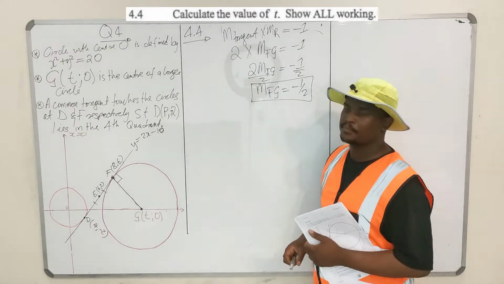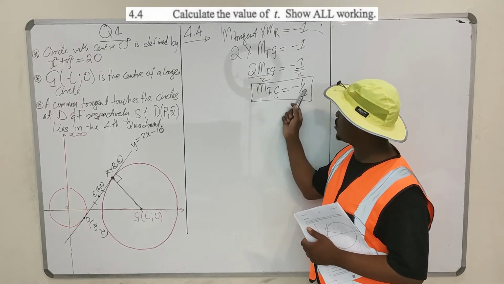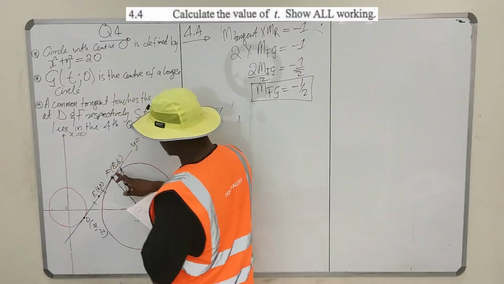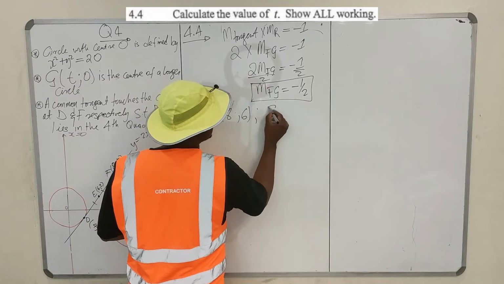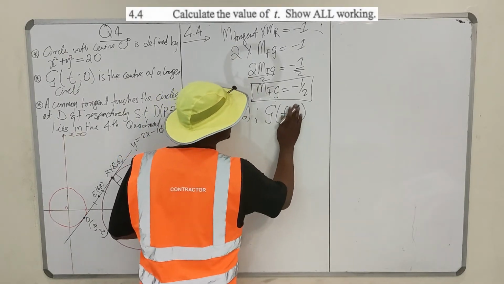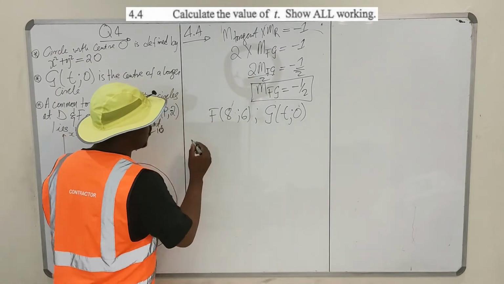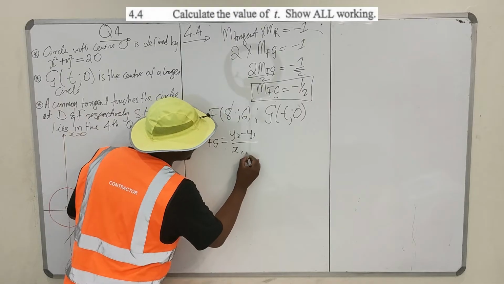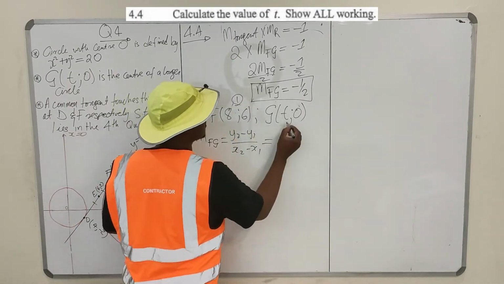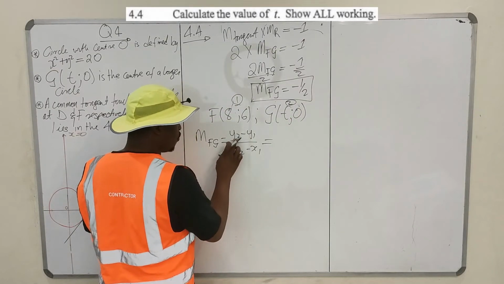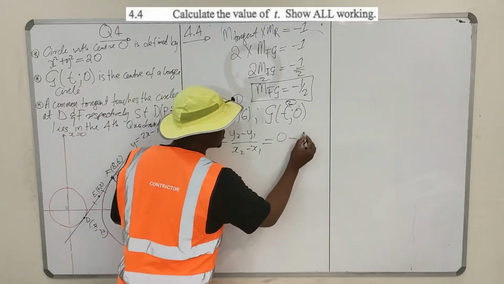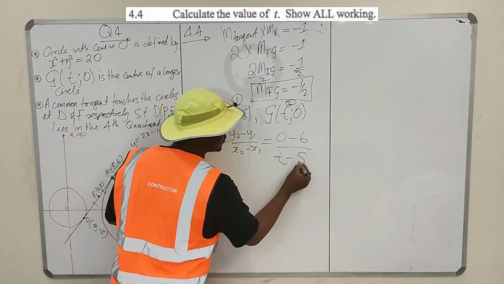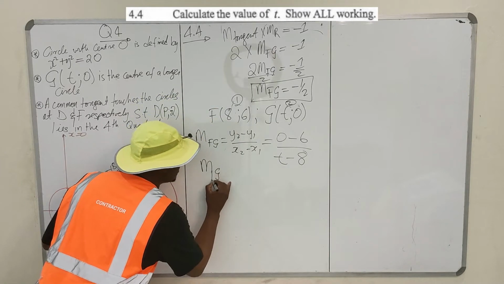We know f has the coordinates 8 and 6, and g has the coordinates t and 0. So the gradient of fg is y2 minus y1 over x2 minus x1, which is 0 minus 6 over t minus 8.